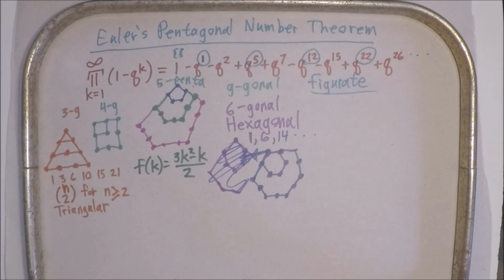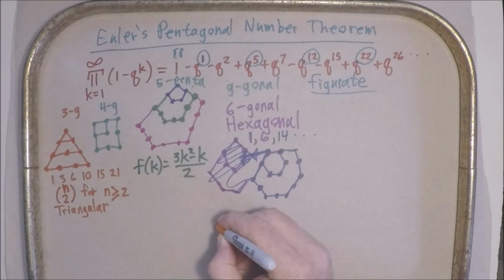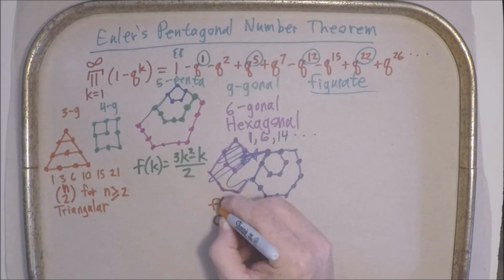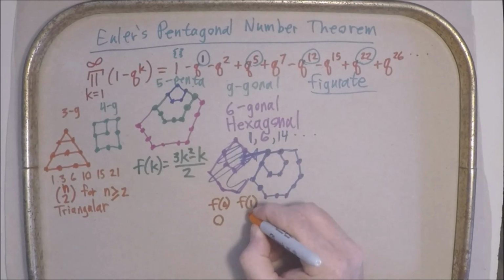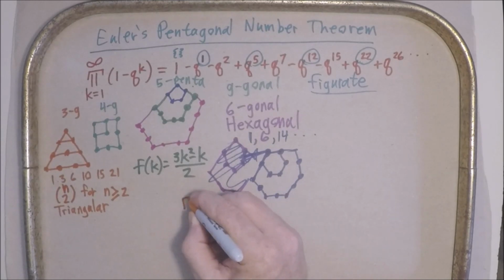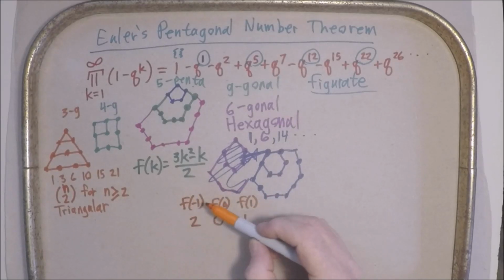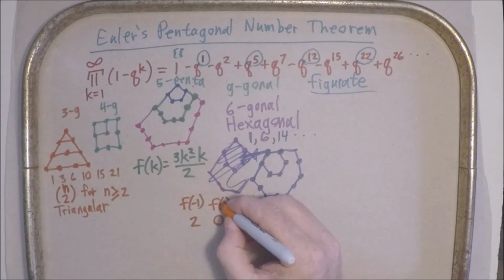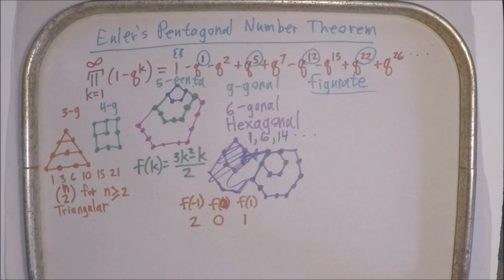And if we were to expand this out, at 0 we have 0. F of 0 is 0, f of 1 is 1, and f of negative 1 is 2. And you can just substitute in these numbers for k in here, and you'll find the same thing.